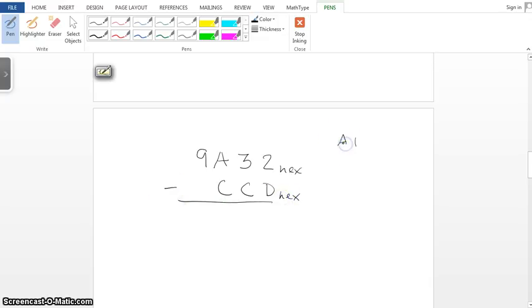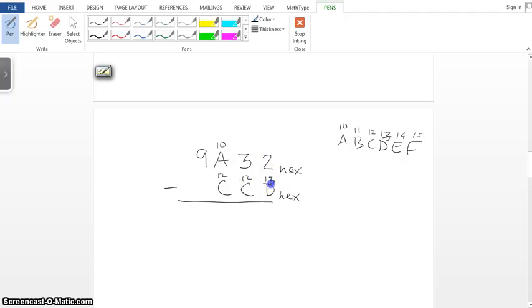Alright, let's not forget the A, B, C, D, E, F, 10, 11, 12. Woo, that's 13, 14, and 15. Okay. Oh, so my A is 10. My C's are 12s. My D is a 13.